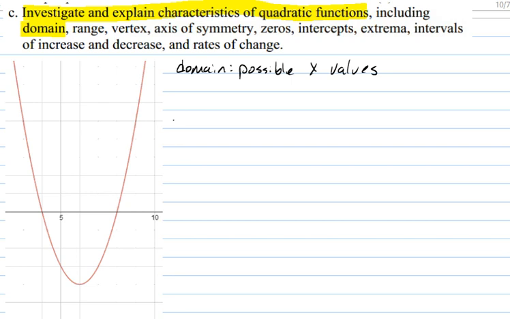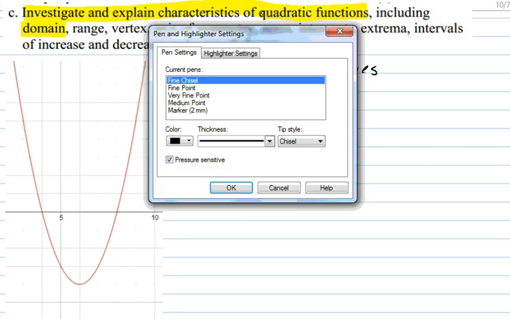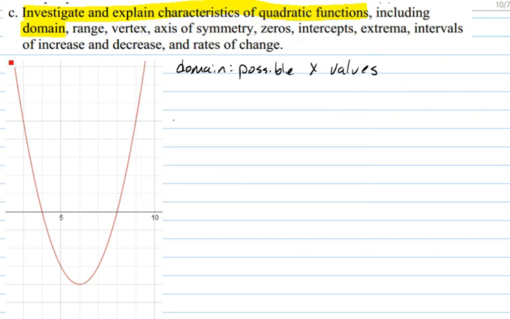And one thing that we have to pay attention to is that we've got to realize that this quadratic function has arrows at the top. Now the arrows mean that it continues upward, but it also means that it continues both to negative infinity on the x-axis and positive infinity.